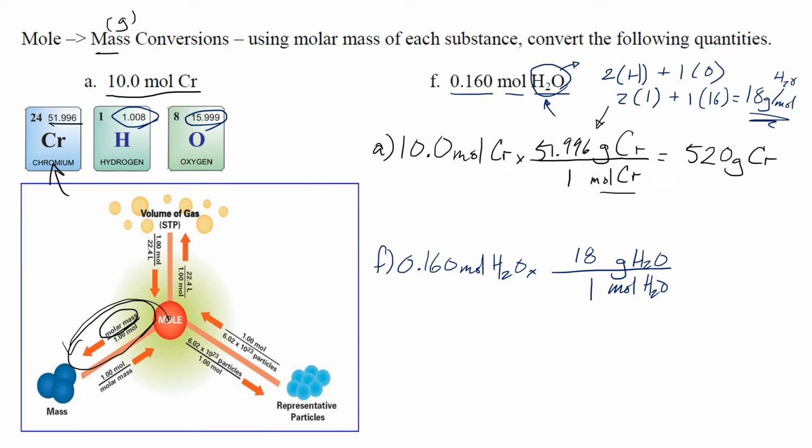Usually when we do these molar masses, we just have the 1 and the mole married together. If it's the mole to mole relationship, like how we do in stoich, then you have to look at the balanced equation. But here, when we do molar masses, we're always going to be dealing with 1 mole. So I just have to multiply that across. And when I do multiply that across, I get 2.88 grams of water. Seems easy enough. Let's continue.